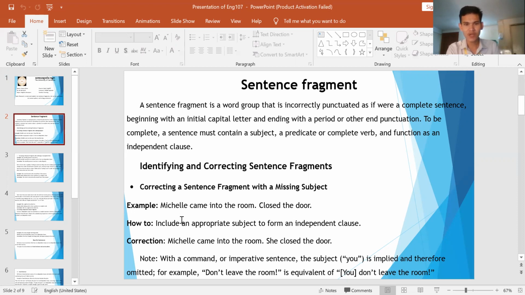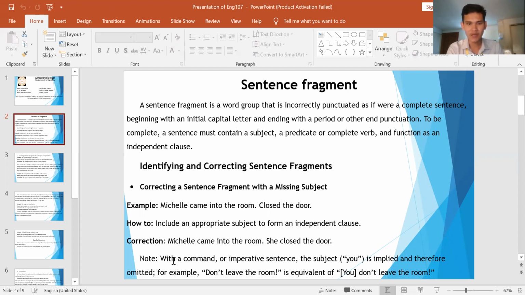Imagine that Michelle is a girl, so you need to add she. The correction: Michelle came into the room. Full stop. She closed the door. So we form a new independent clause, one sentence and one sentence.